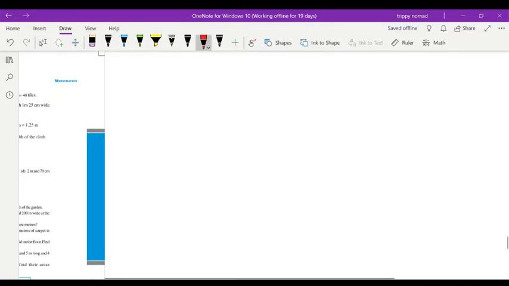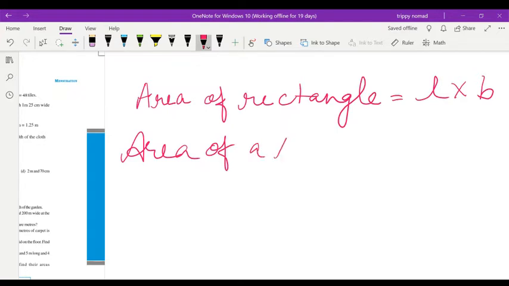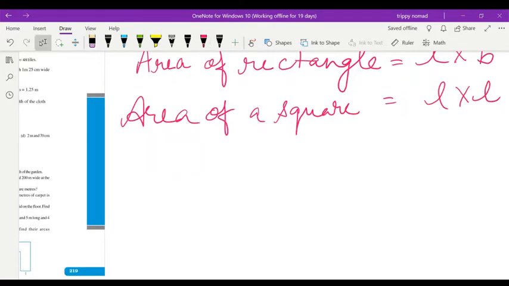Here I am writing: area of a rectangle, the formula is length into breadth. Then area of a square, because in a square length and breadth are equal, so L into L or A into A. This is the way.